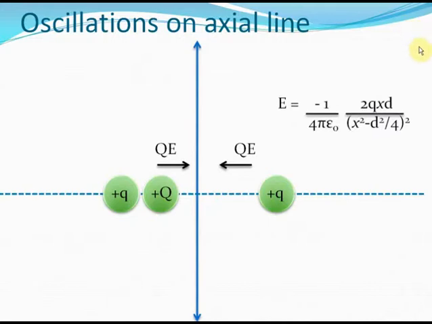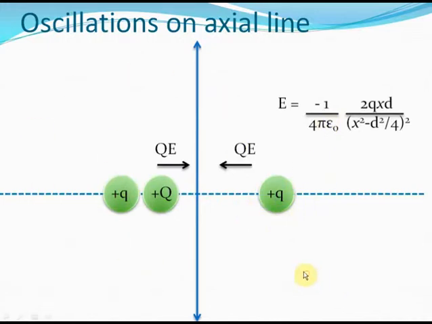D here is the distance between the two charges, and x is the distance of the charge plus capital Q from the origin. This distance at any instant is x. This electric field is nothing new, like we had simply calculated it by subtracting the electric fields of this small plus Q charge and this small plus Q charge in the middle of these two charges.